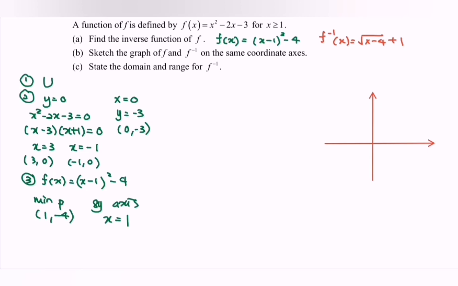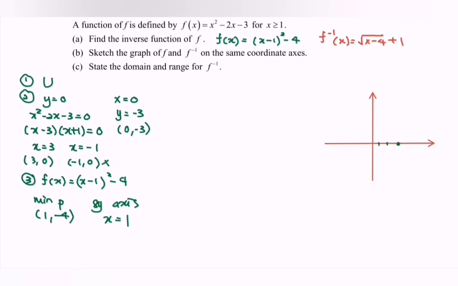So now we are going to sketch the graph. First we have the U shape. Then kindly plot the point (3, 0). So let's say here we have 1, 2, and 3. Then (-1, 0). Kindly refer to the question. The question said x must be greater than or equal to 1, so (-1, 0) is not included.